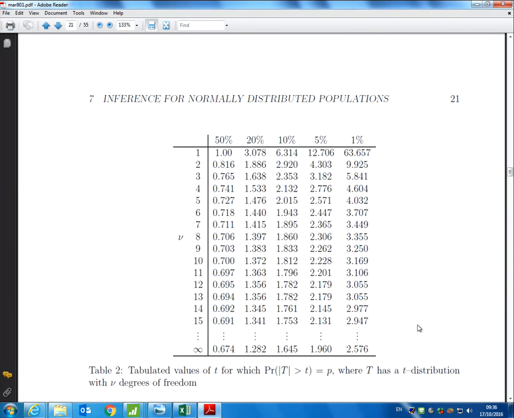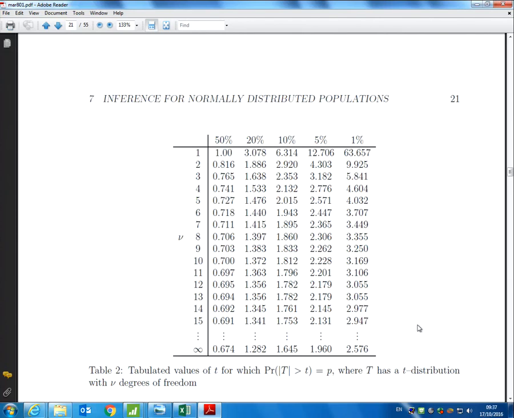What is that Greek letter? Any of our Greek students want to help me? Nu? Okay, so that Greek letter there is nu. If you see that, the important thing isn't really knowing what the Greek letter is.